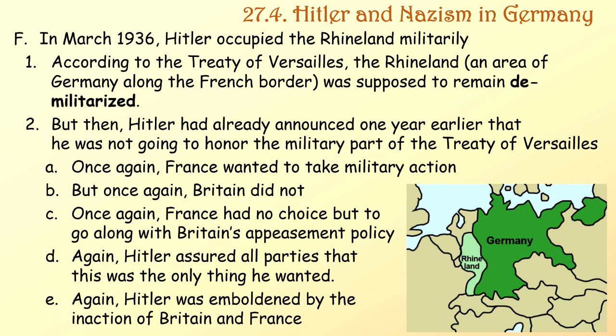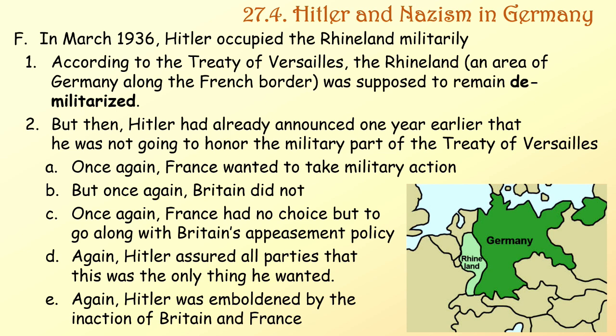In March 1936, Hitler occupied the Rhineland militarily. According to the Treaty of Versailles, the Rhineland, an area of Germany along the French border, we've seen it before, was supposed to remain demilitarized. But then Hitler had already announced 1 year earlier that he was not going to honor the military part of the Treaty of Versailles.